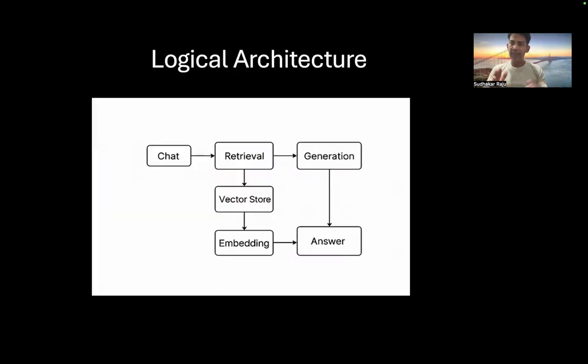Okay. And this is the logical architecture, which is also a conceptual architecture. Whenever you chat to your LLM or the model, there are different processes, right? So what happens when you chat with an LLM or a foundation model? You actually type something like, what is your name, right?